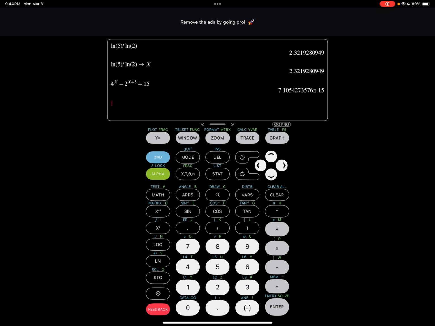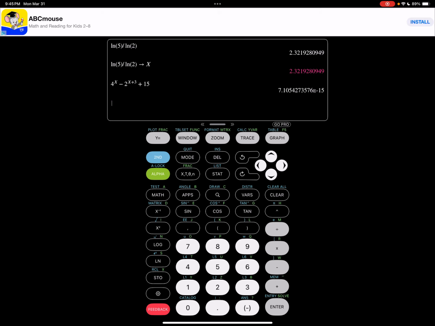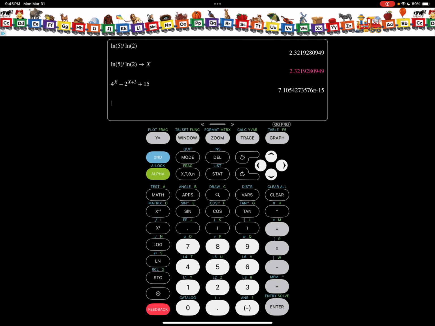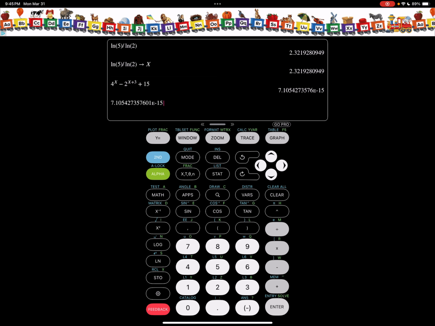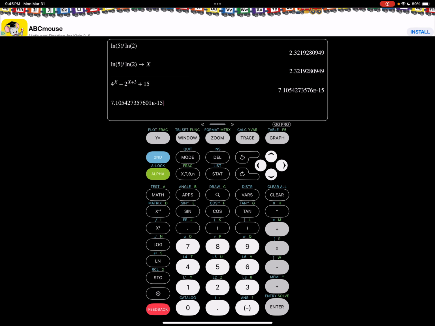Okay, well, the calculator gave 7.105 e negative 15, which is really close to 0. On a normal graphing calculator, a TI-84, this works and it says 0. He's probably rounding that decimal off, but trust me, this e negative 15 is basically 0.